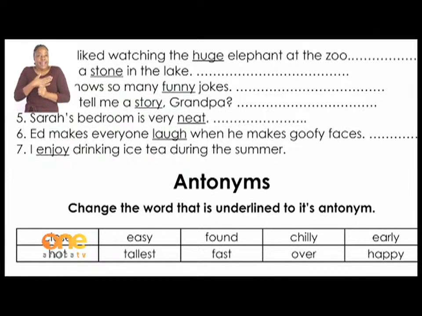The word that is underlined there is huge. If you look at the synonyms that you can find, another word for huge can be big or large. So you can write the word big.